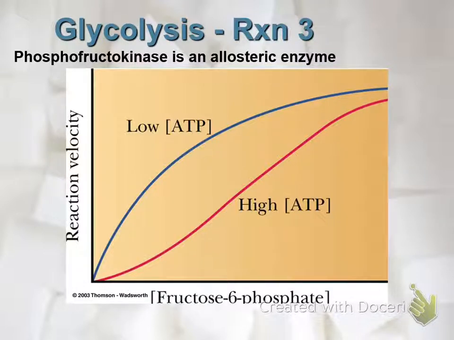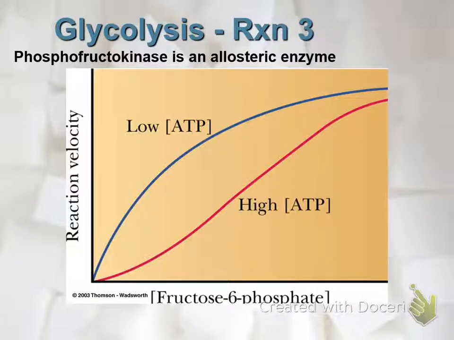Hyperbolic. All right. And that fructose 6-phosphate graph in the bottom is just a way of showing the Michaelis-Menten graph, V versus S. I shouldn't say fancy, it's just the specific one.